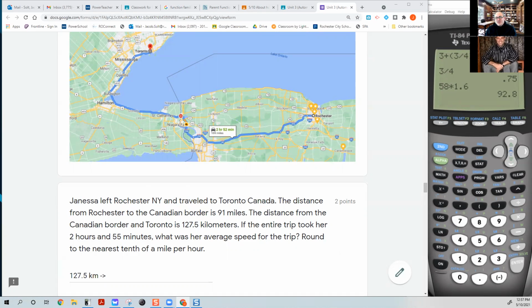If I want to convert 127.5 kilometers into miles, I want to use the conversion factor that starts with 1 kilometer.